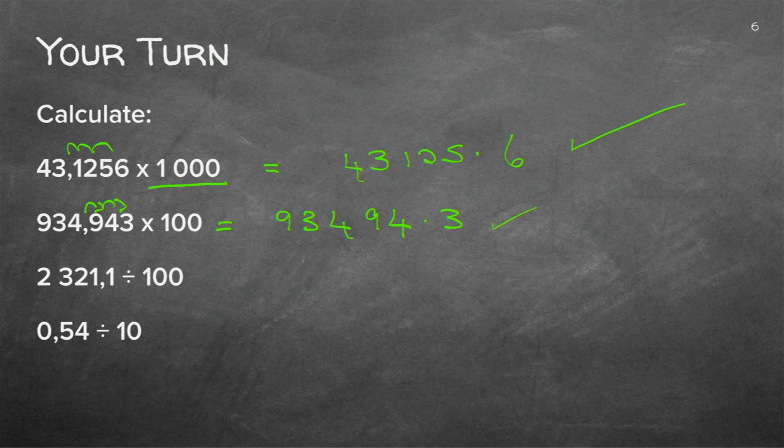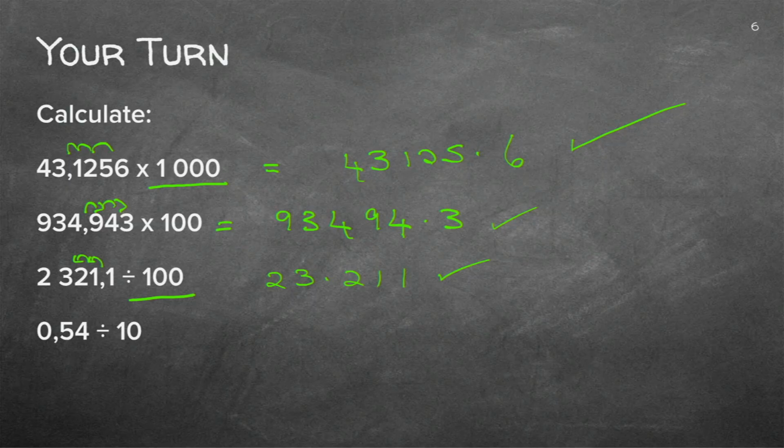Now if we divide, we're going in the opposite direction. So 2321.1 divided by 100, we're going to move it 2 places to the left, so our answer would be 23.211. Well done if that one is correct.